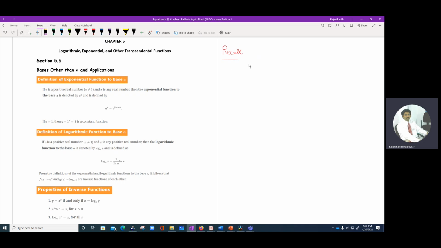So that means we had the derivative of e to the power x, that is nothing but e to the x, and we had the derivative of ln x, the natural log function, that is 1 over x.